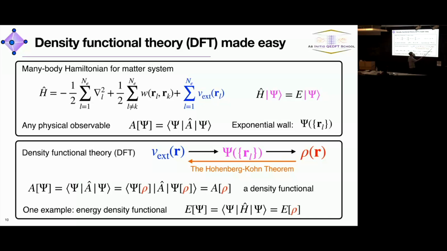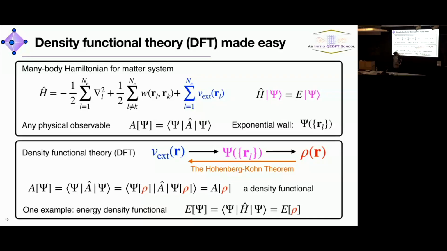Here, this is the electron density. There is a theorem called the Hohenberg-Kohn theorem. Basically, if you know the density, you know the external potential, and if you know the external potential, you know the electron density. So there's a one-to-one mapping.